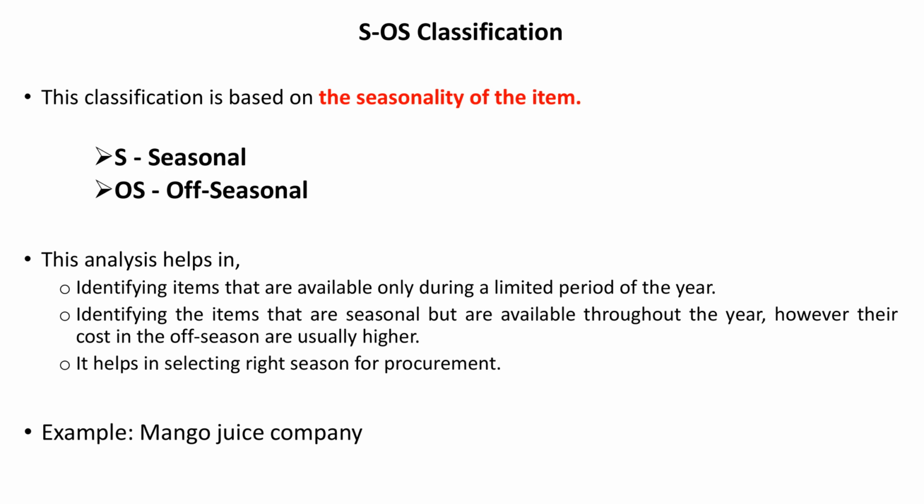Identifying the items that are seasonal but are available throughout the year, however, their cost in the off-season is usually higher. It helps in selecting the right season for procurement. Example, Mango Juice Company.